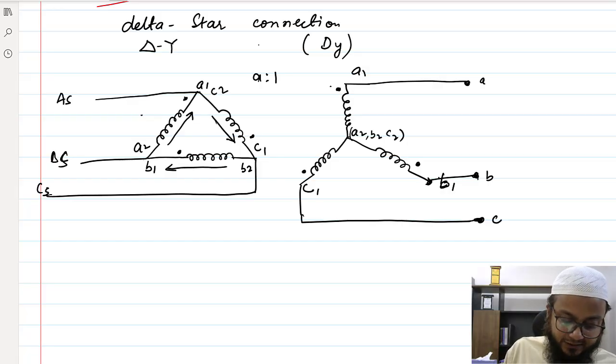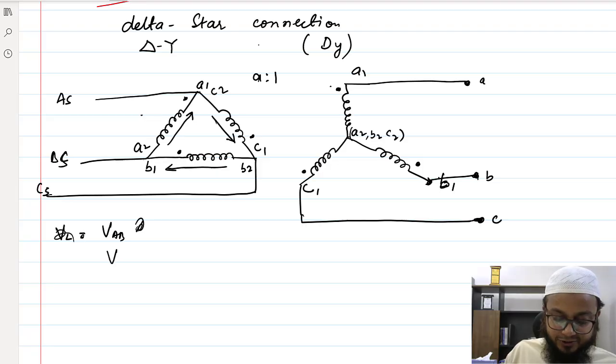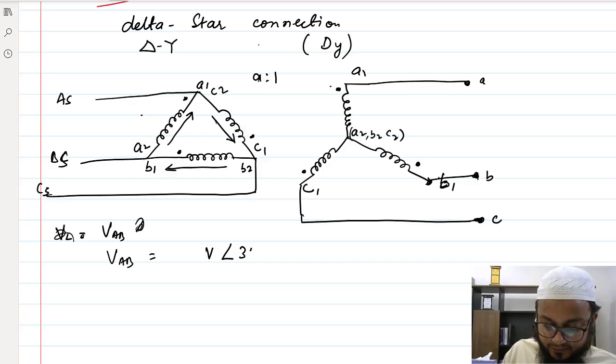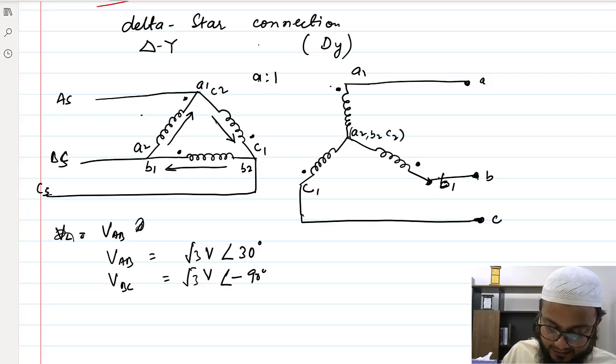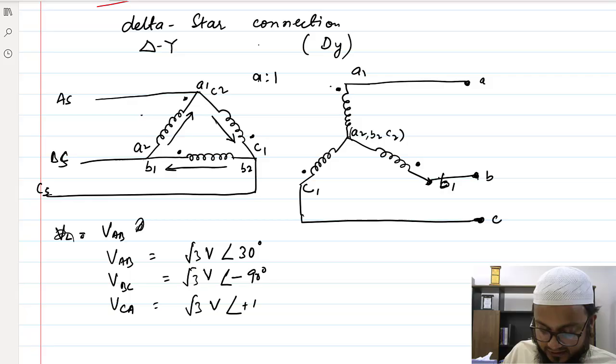The line voltages here are VAB, VBC. The magnitude of VAB, let's say, is √3V at an angle of 30 degrees. VBC is √3V at an angle of -90 degrees, and VCA is √3V at an angle of +150 degrees.